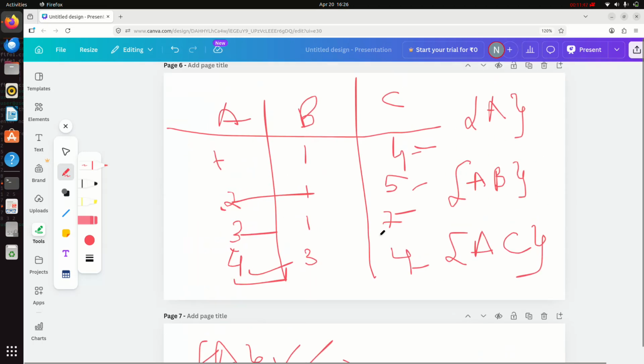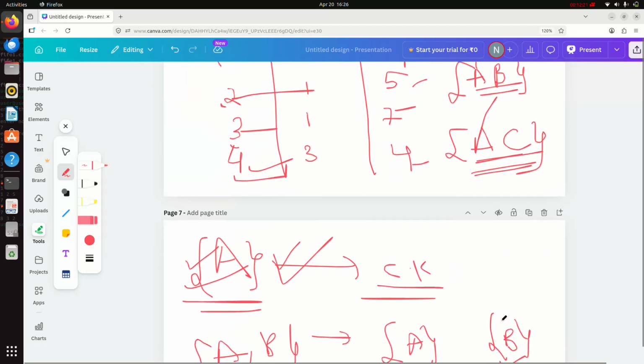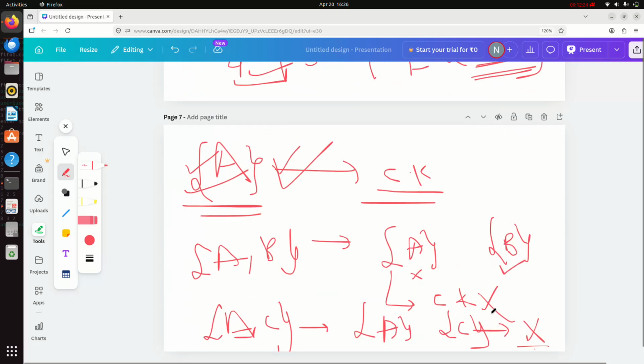So the only candidate key in this relationship is A. Though A, AB and AC are super keys, only A is the candidate key, because for AB and AC the proper subset A is a super key, and a proper subset must not be a super key to become a candidate key.